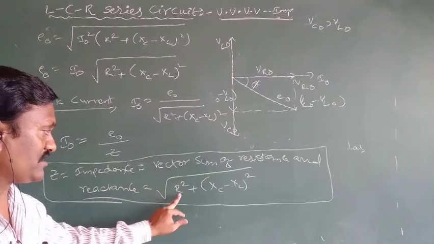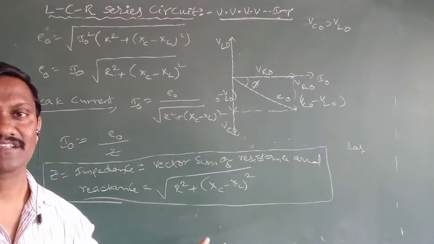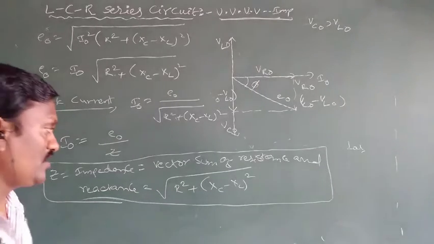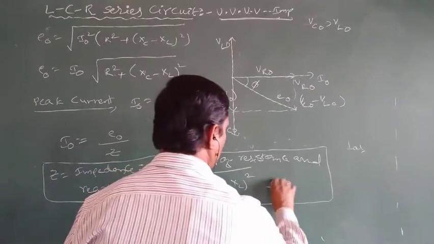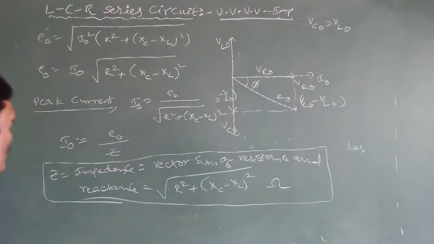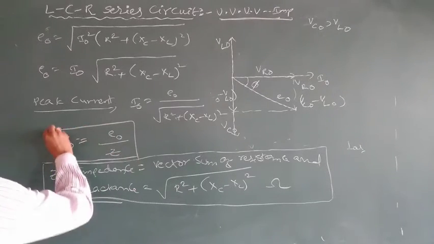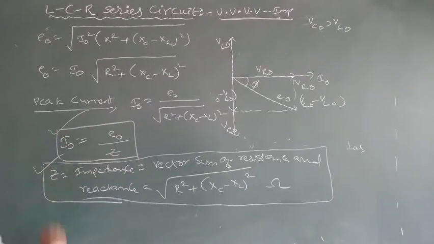The unit of impedance is the same as resistance, ohms. So that covers the expression for peak current and impedance.